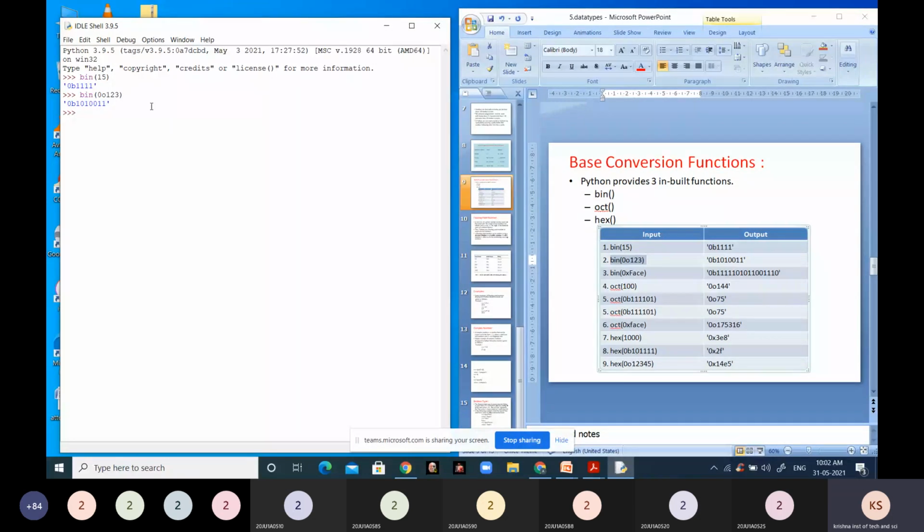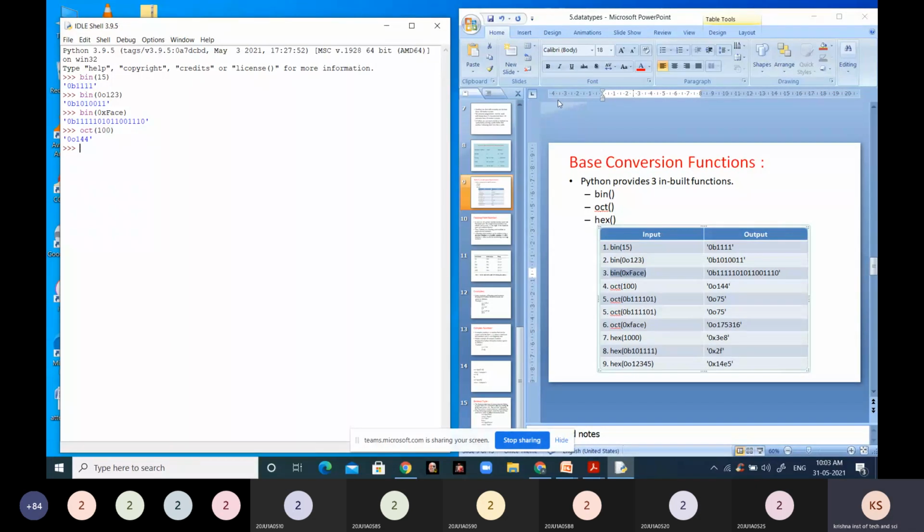So next one, see this one, bin of 0x. This is hexadecimal form because the 0x notation is there. How can you convert? By using bin, you can convert hexadecimal form into binary. Okay, next, oct of 100. What do you get?